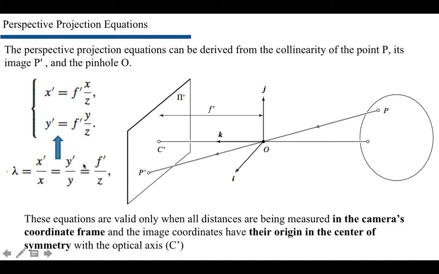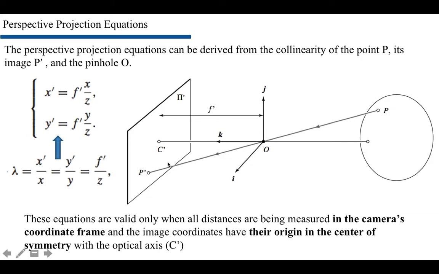So these equations are valid only when all the distances are measured in the camera's coordinate frame. That means that for a point, all the coordinates are in the common reference system, which is exactly the camera coordinate system. So the point P must be expressed in camera coordinates, and of course P prime will also be in the same coordinate system.